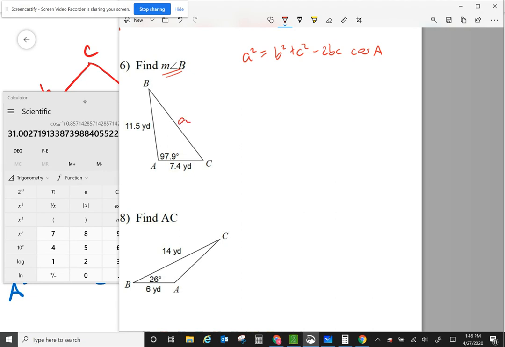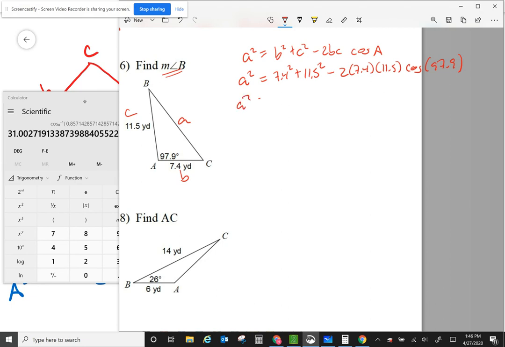So I know this side is A, this is side B, and this is side C. So I have that A squared is equal to 7.4 squared plus 11.5 squared minus 2 times 7.4 times 11.5 times cosine of 97.9. The right side of the equal sign is all numerical, so might as well use a calculator. 7.4 squared is 54.76.